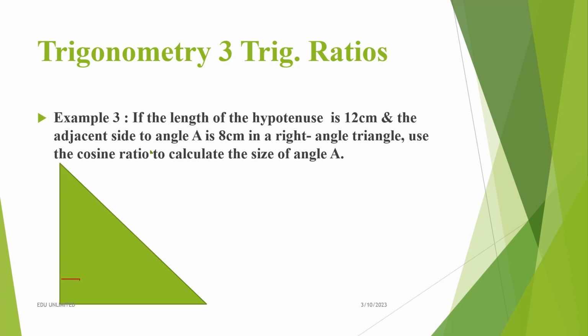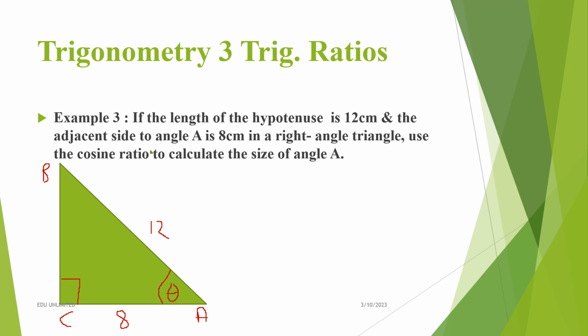This is the right angle, vertex C, vertex B, vertex A. The hypotenuse is 12 centimeters and the side adjacent to angle A is 8 centimeters. And of course, angle A is the unknown theta.